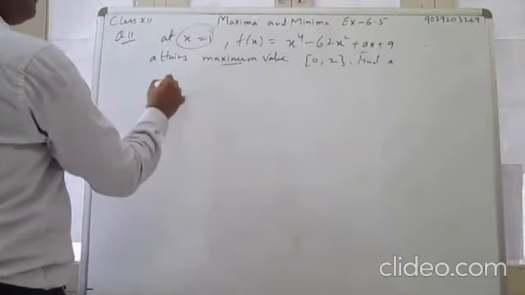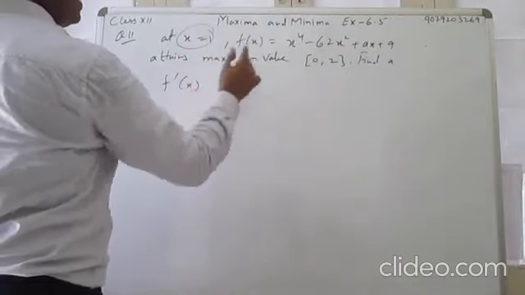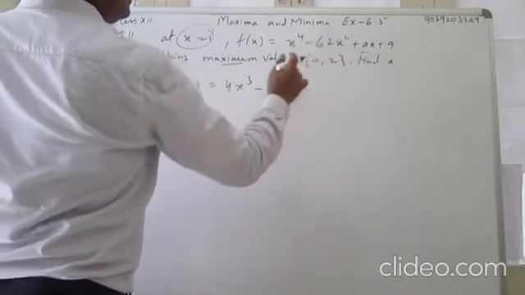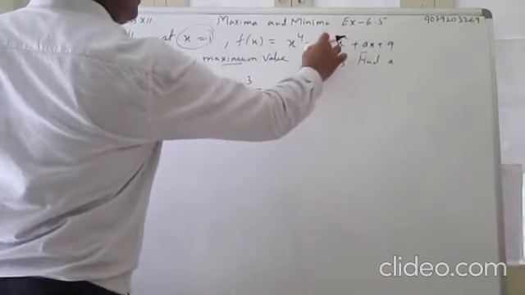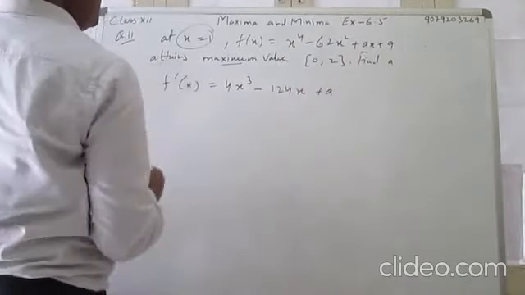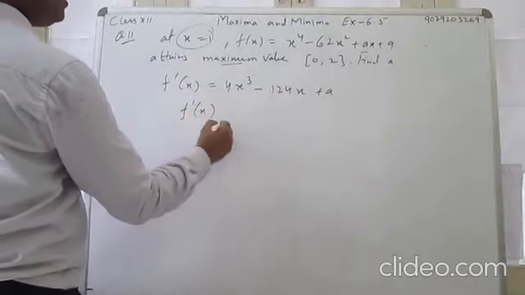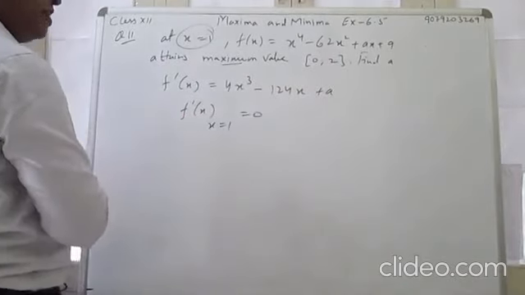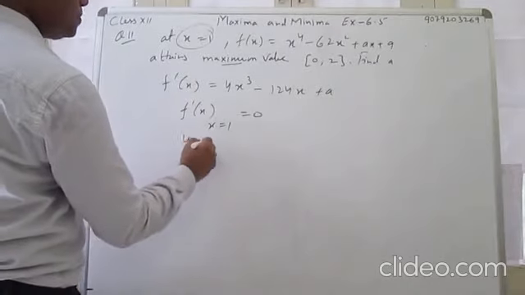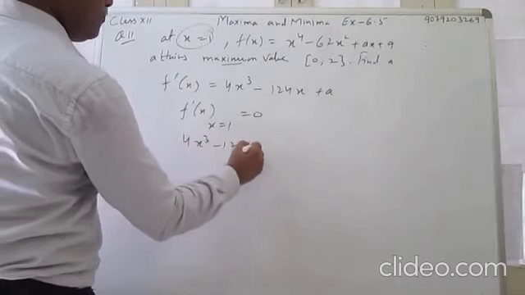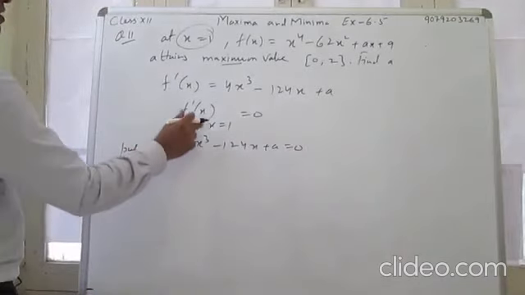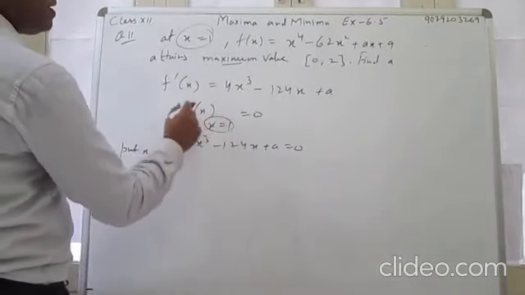So we have to find f'(x). So f'(x) is equal to 4x cube minus 124x plus a. Now f'(x) at x is equal to 1 is 0, because at x is equal to 1 it attains the maximum value.